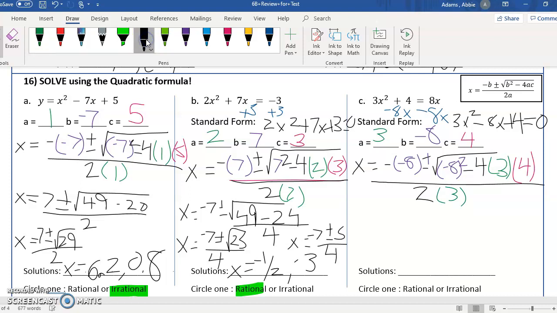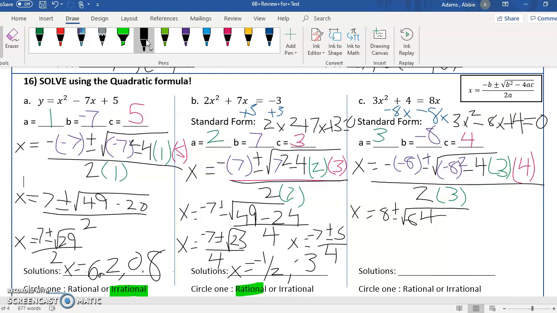All right, let's simplify here some. So negative times negative is a positive, so x is going to equal positive 8 plus or minus the square root of, well, negative 8 squared. Negative 8 times negative 8 is 64. All right, so minus 4 times 3. Well, 4 times 3 is 12. And then 12 times 4, that's going to give me 48.